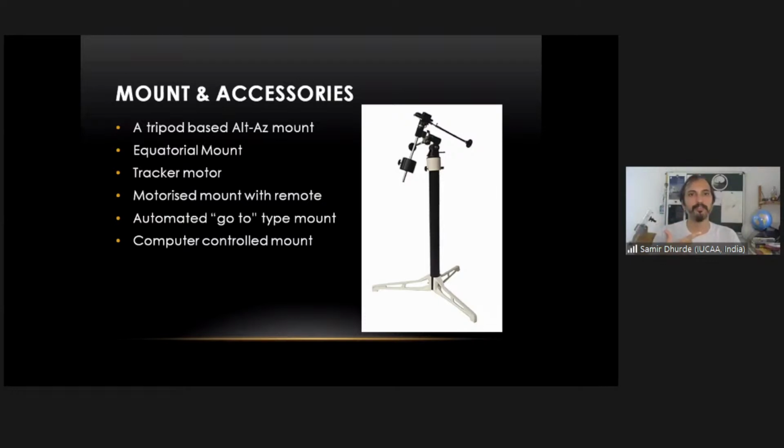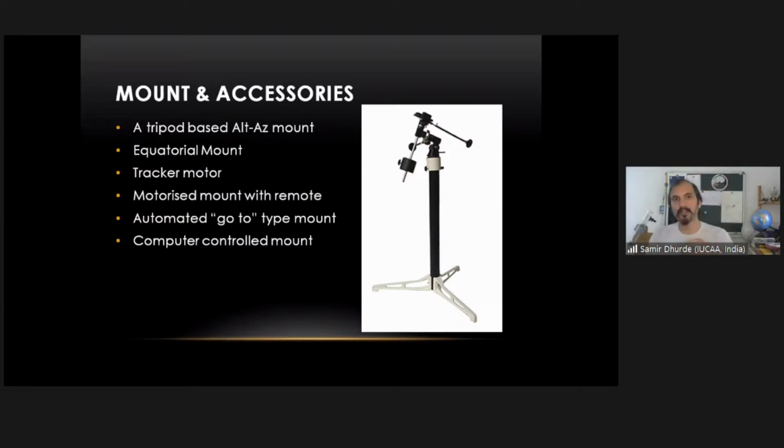Therefore, if there's an object which moves along a large circle in the sky, something like a latitude of the Earth, but in the sky, then this kind of mount will allow you to track it, to follow it. So you will only have to move one axis of this mount to keep following or correct for the motion of the object in the sky.